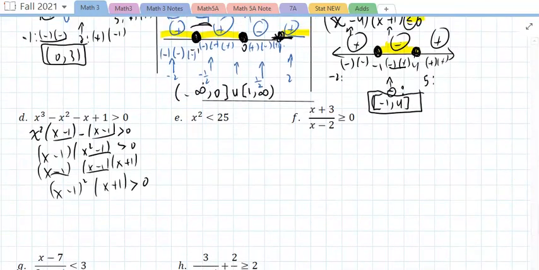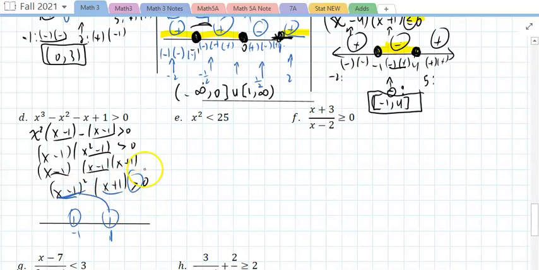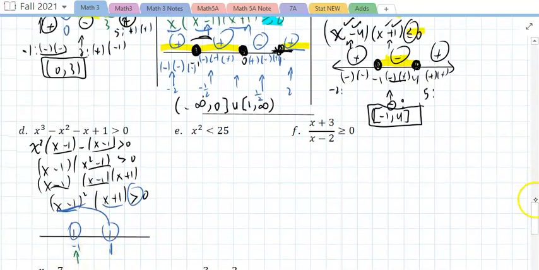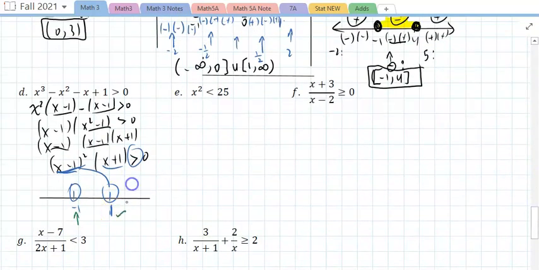That's very important because when I get to the number line and I want to do my testing, that's a 1, that's a negative 1. Keep in mind, they're not included, that this is always positive, and this is 0 right there. So I only have to test this 1 point, that's it, because this is not going to contribute anything.